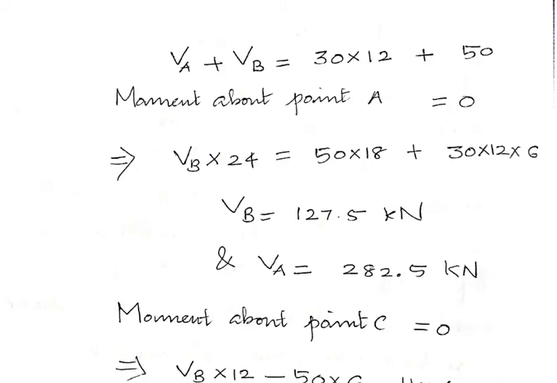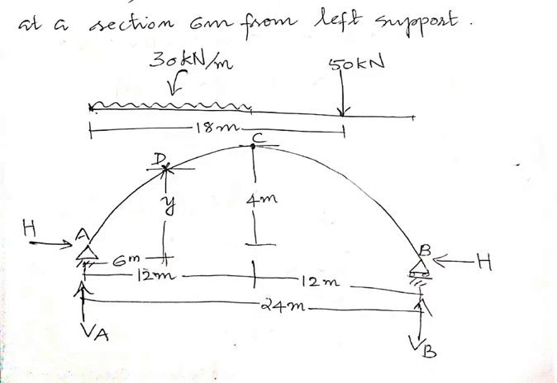Now we have to calculate the horizontal reaction component. For that we have to take moment about point C equal to 0. So if you take the moment about this point C equal to 0, the equation will be VB into 12 minus 50 into 6, this distance is 6, minus h into 4 is equal to 0.